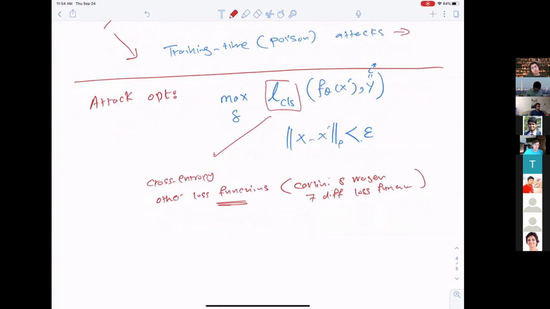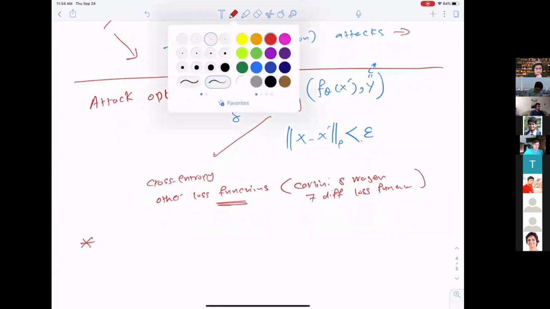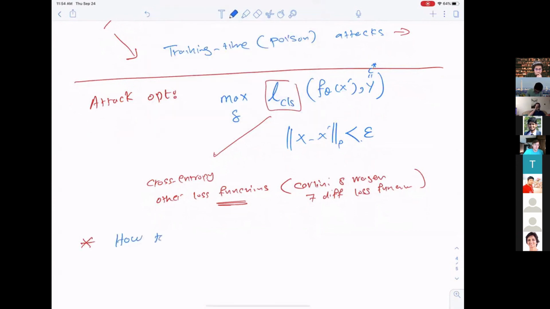Okay, but either way, the question is how to solve this optimization problem. As before, the objective is non-convex minimization, or non-concave maximization. But I hope that we are no longer afraid of non-convexity, right? We have gradient descent or stochastic gradient descent that we use for training the model. Perhaps we can use gradient descent to deal with this non-convexity.